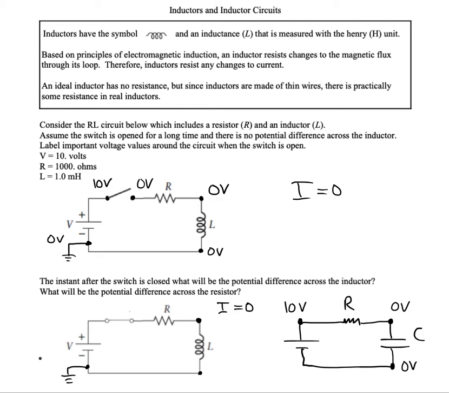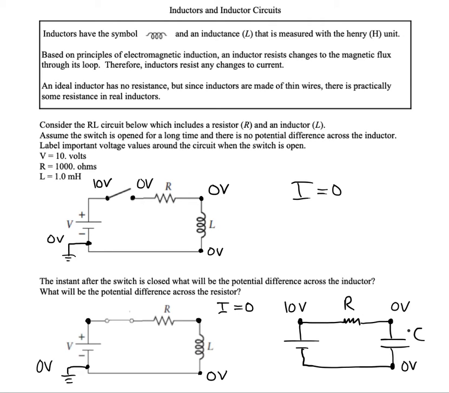So what does this mean for the voltage around the circuit? Well, we're definitely going to have 0 volts at this point. But we don't want the potential drop to be all across the resistor at this time, because as soon as the switch is closed, we won't have current right away. It'll take time for the current to build up this time.